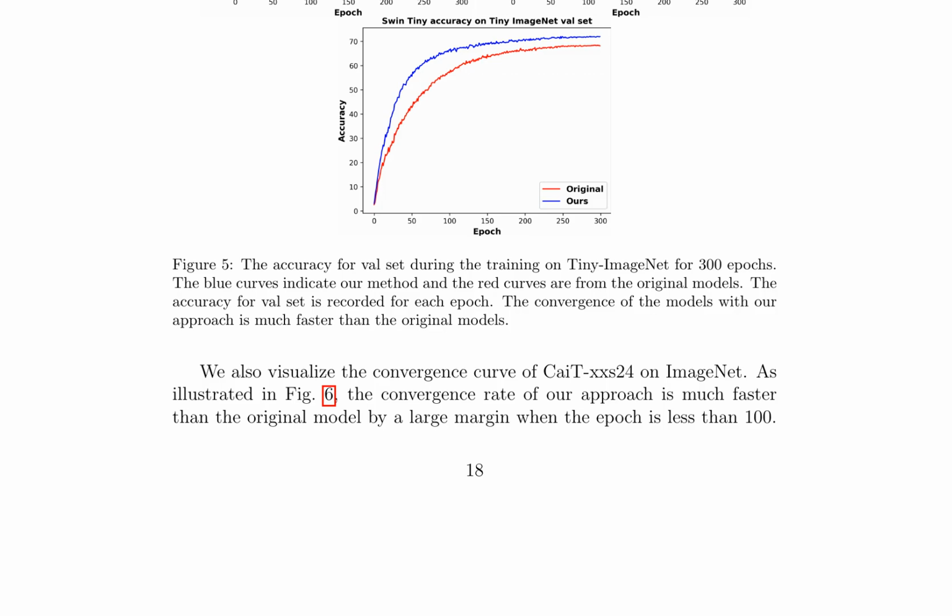Additionally, Figure 6 visualizes the convergence curve of CaiT-XXS24 on ImageNet, highlighting the significantly faster convergence rate of the proposed approach, particularly during the early epochs, less than 100. These results underscore the effectiveness of the proposed method in improving the performance and convergence of vision transformers and Swin transformers.